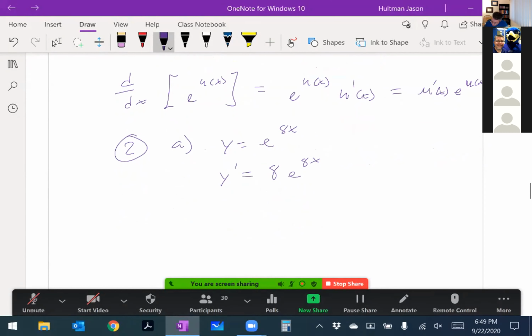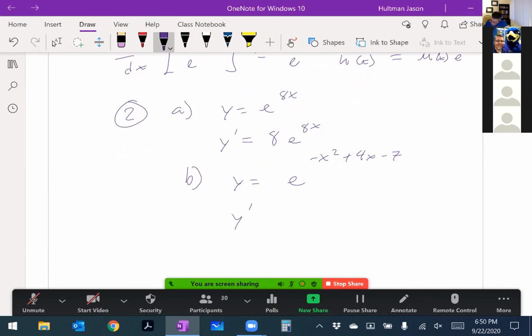Okay, 2b. y equals e to the negative x squared plus 4x minus 7. That's all the exponent. So what does this become? This becomes y prime is equal to the original times the derivative of the exponent.